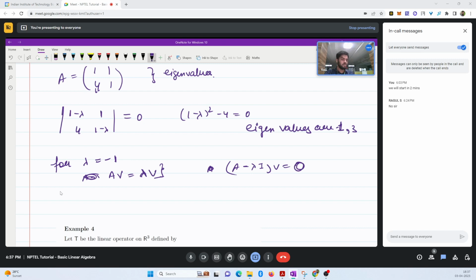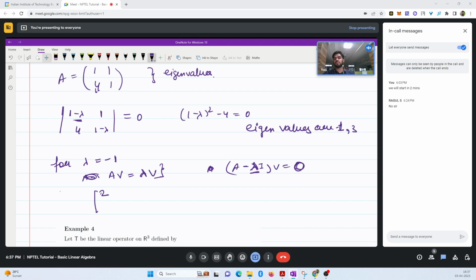Now, this is what we obtained earlier also, but over here we'll put the value of lambda. So for lambda equal to minus 1, 1 minus minus 1, you will get 2 over here.